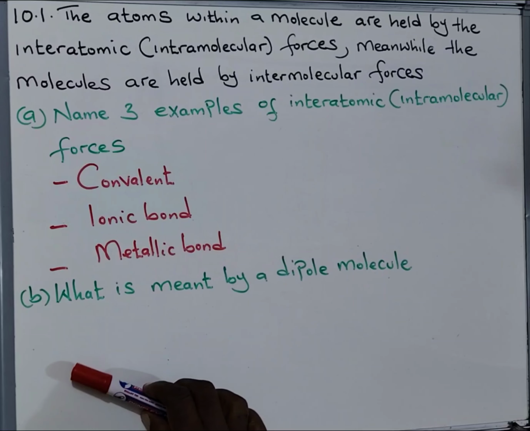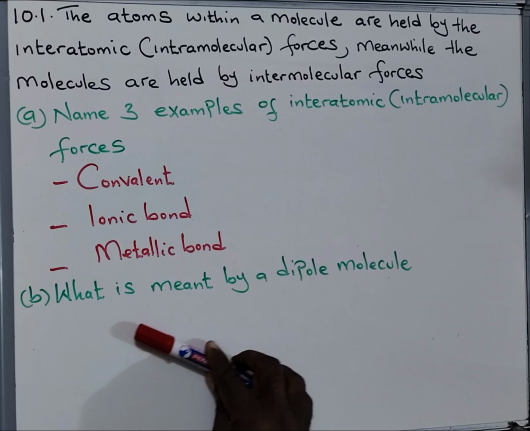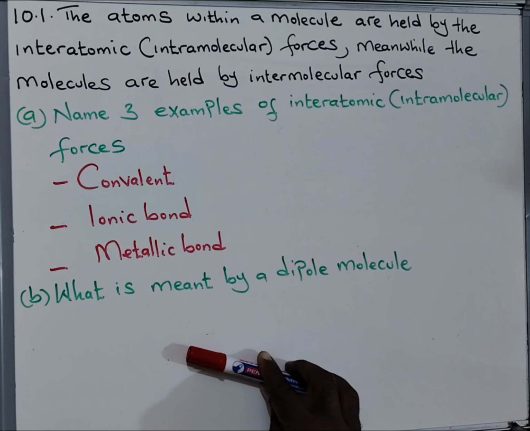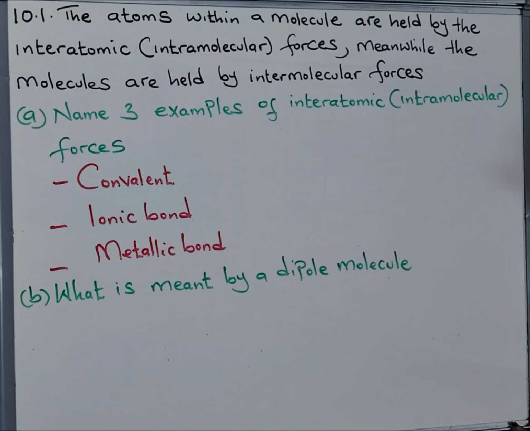Then we come to this one. It says, what is meant by a dipole molecule? A dipole molecule is a molecule which has one side partially negative and the other side partially positive.